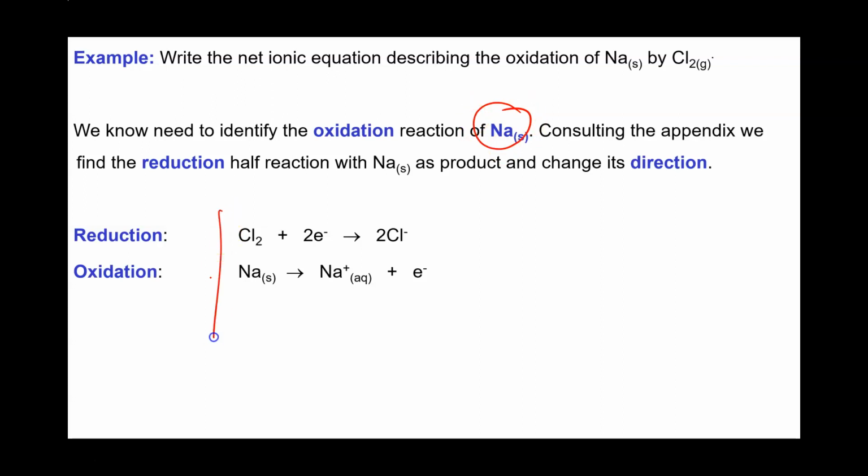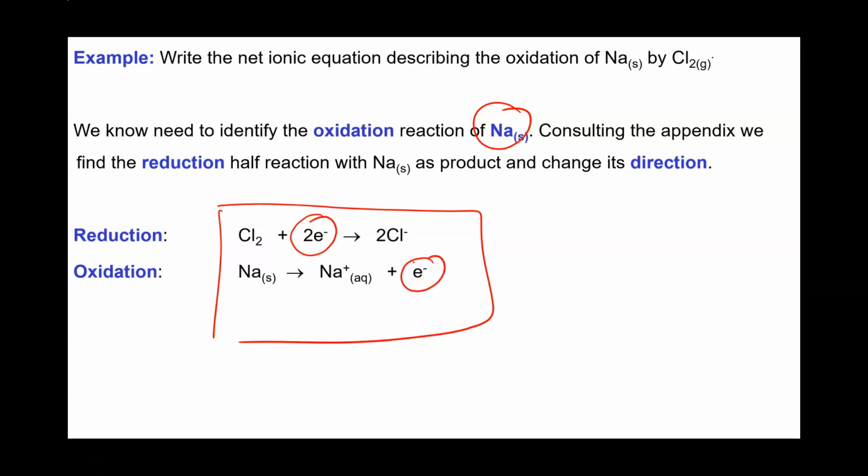So once I've got my two half reactions, you'll see here that in the chlorine half reaction, 2 electrons are being consumed, while in the sodium half reaction, only 1 electron is being produced. So what I have to do there is multiply my second one by 2.